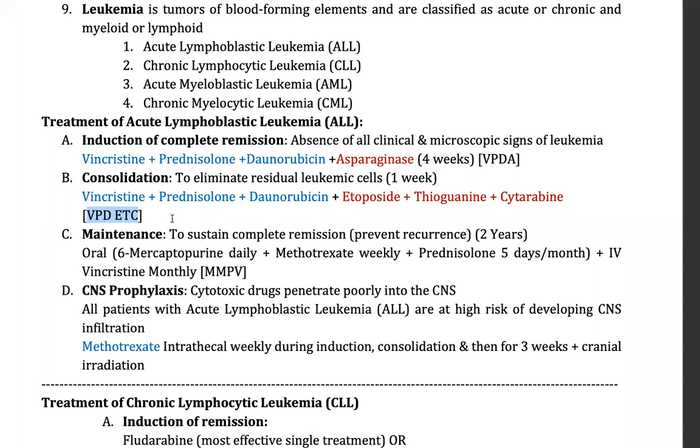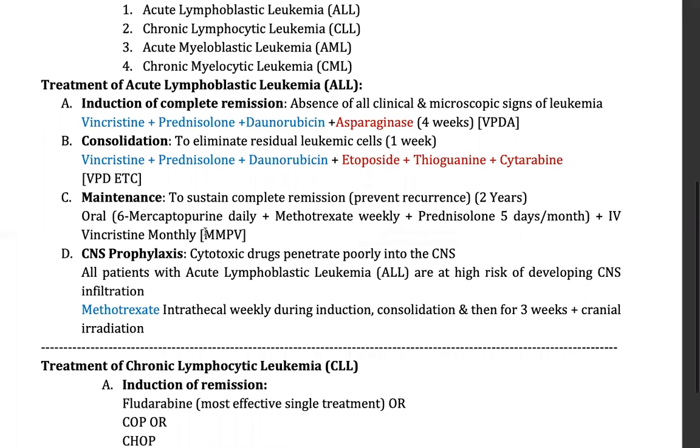Here you can remember by ETC. ETC means etoposide, thioguanine, and cytarabine. This is just a short form, and it is easy to remember. VPD, ETC: vincristine, prednisolone, daunorubicin, etoposide, thioguanine, and cytarabine.